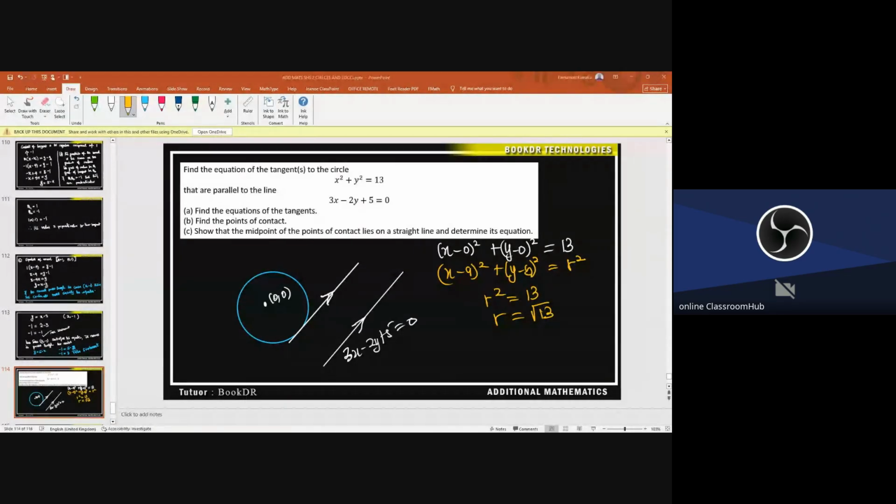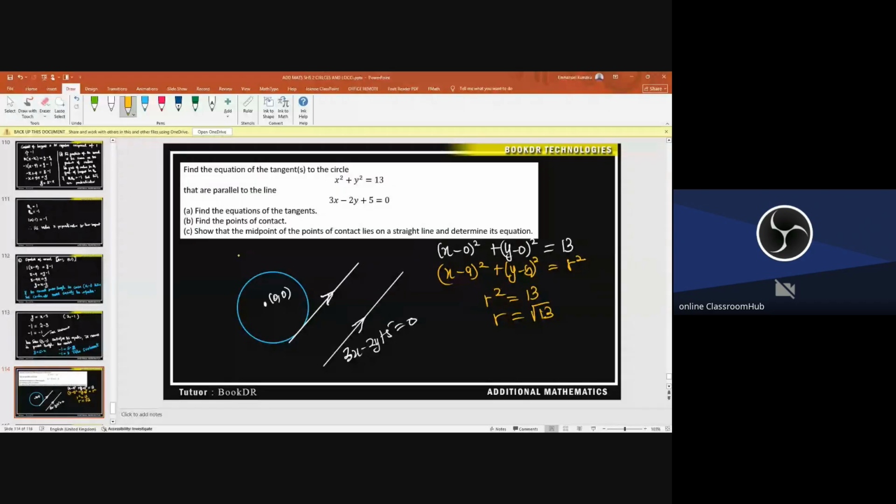Now, to find the equation of the tangent, we have to go back to our first year coordinate geometry. In coordinate geometry, we have the standard form for the equation of a circle.